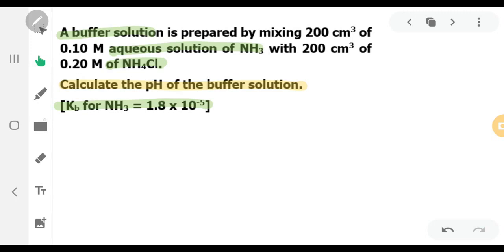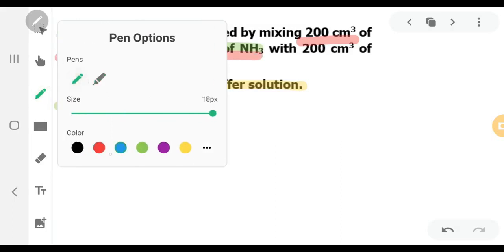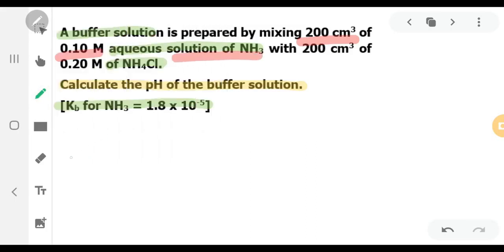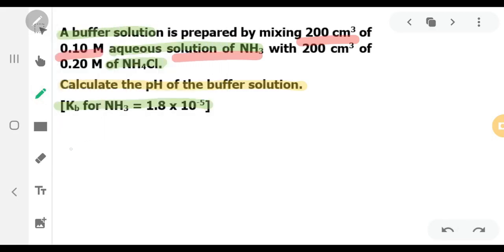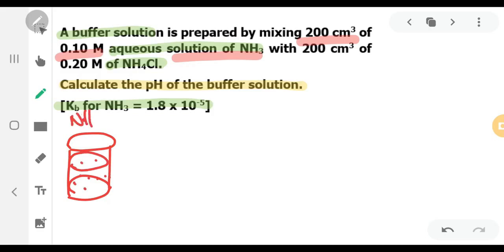The first thing that is provided to you is the base, the NH3.